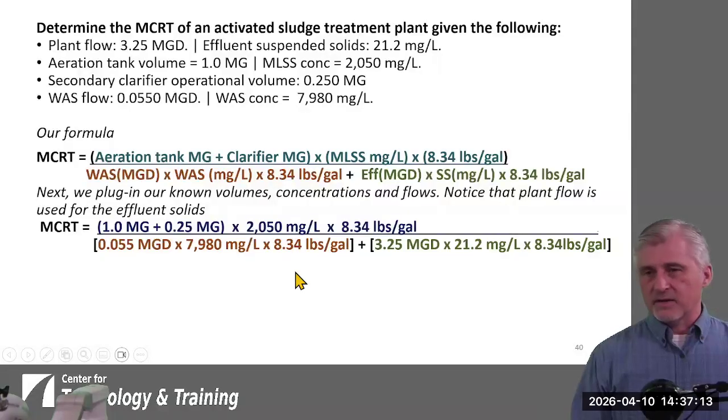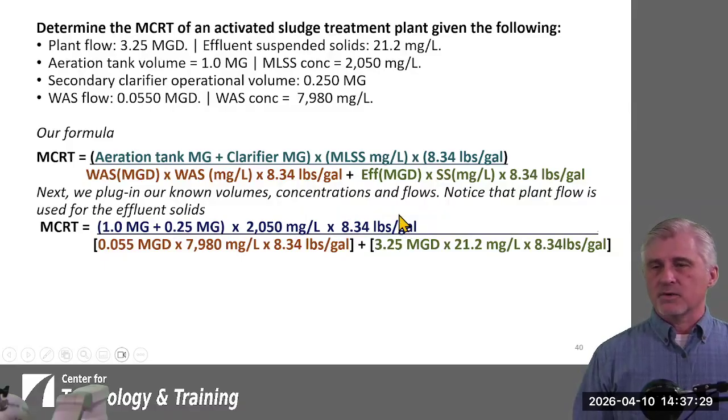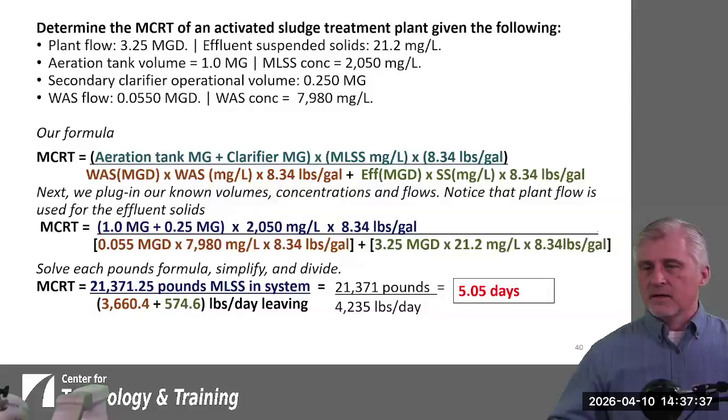So if you want to simplify this, you could. The important thing, though, is that it only works if that 8.34 pounds per gallon doesn't change. It works in general, I mean, this isn't the same as pure water, but it's pretty close. If for some reason those changed, you would have to keep them in. But this could be a little simplified if we did that.